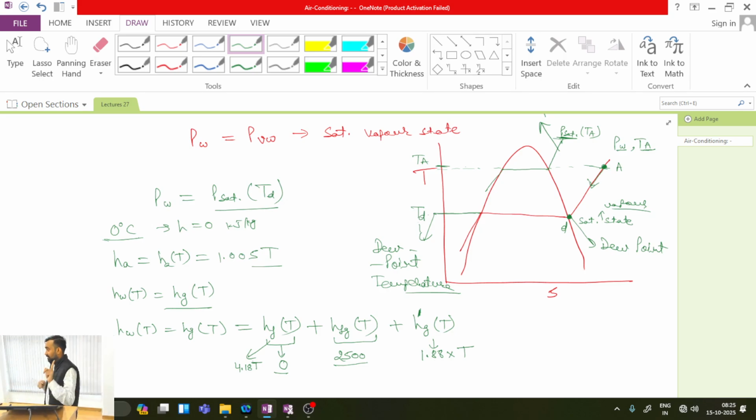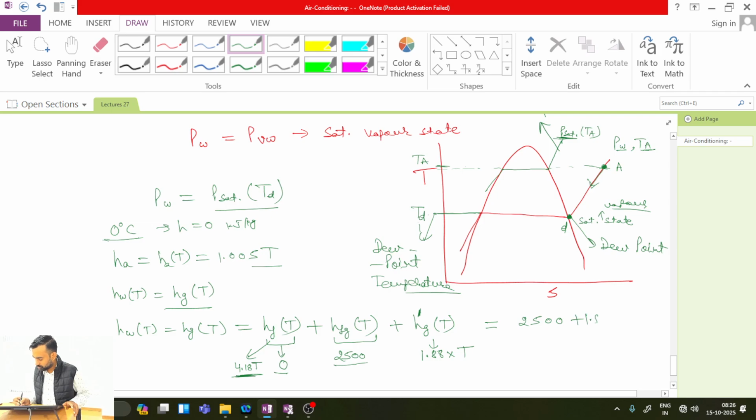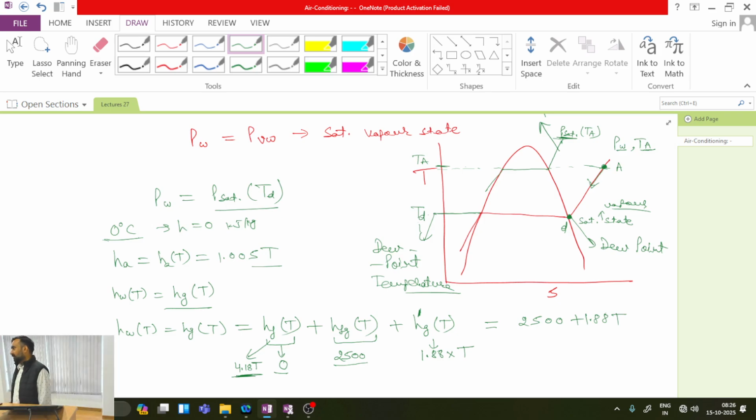Is this one clear? Because we have set the reference at 0 degree Celsius. Considering presently, removing this part, I can simply say that my enthalpy of water in the gaseous phase can be written as 2500 plus 1.88 into T, because presently I am considering the liquid portion almost. However, if one has to do an accurate estimation, then it has to be 4.18 into T. Agreeing to this point?